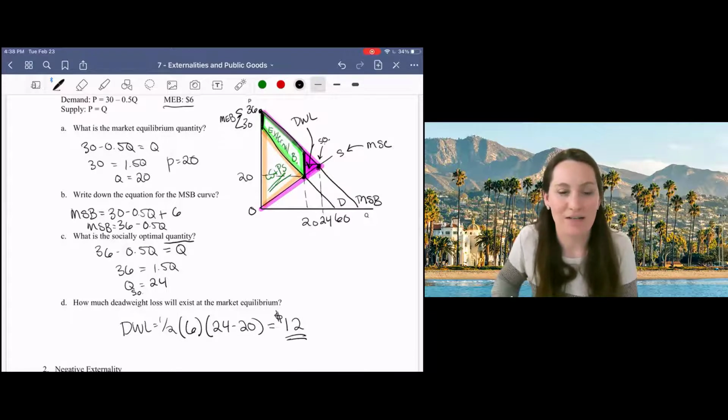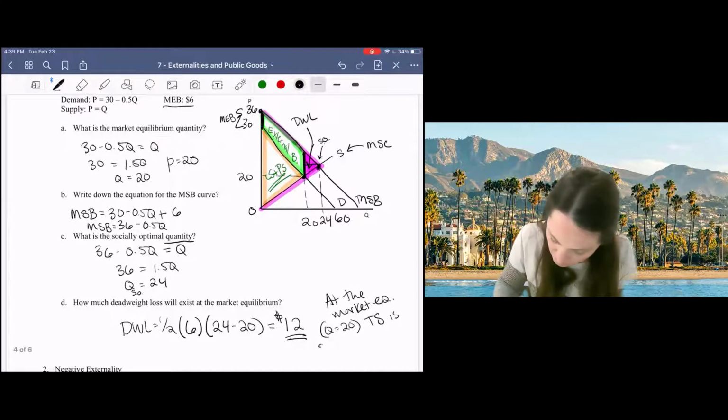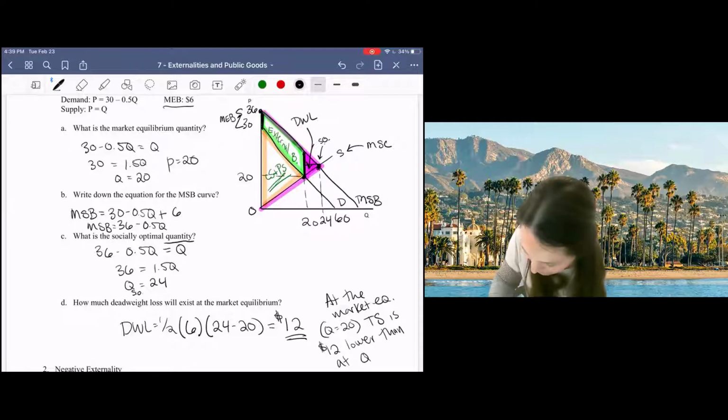So total, we have a deadweight loss of 12, meaning that at the market equilibrium, that's a quantity of 20 in this problem, total surplus is $12 lower than at the socially optimal quantity of 24.